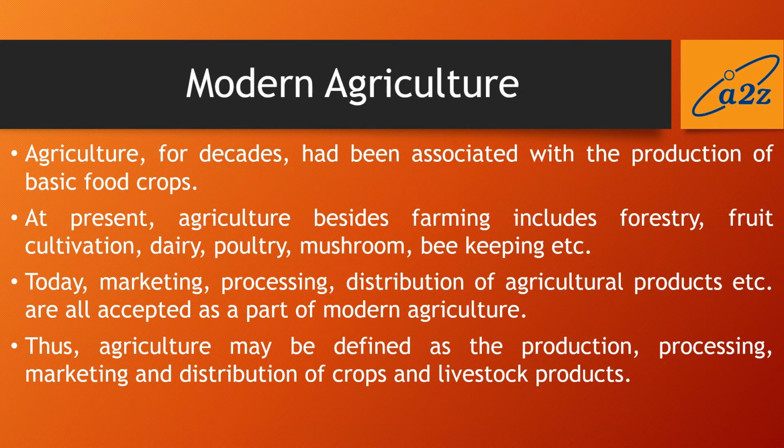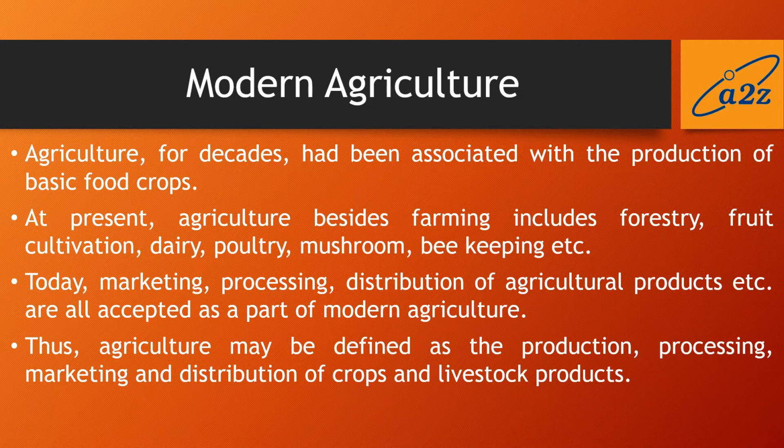Modern agriculture. Agriculture for decades had been associated with the production of basic food crops. At present, agriculture besides farming includes forestry, fruit cultivation, dairy, poultry, mushroom, and also beekeeping.